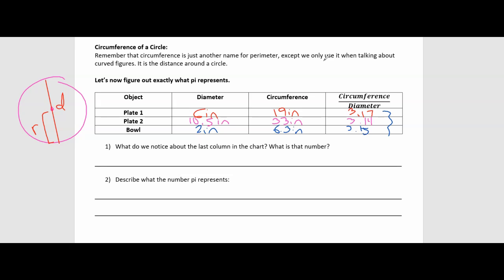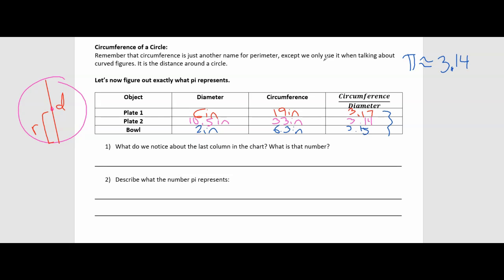Well, if you've talked about pi before, those numbers look pretty close to what pi is. A lot of teachers end up using 3.14 as an approximation for pi. When you get into upper level classes, you won't use an approximation anymore. You'll actually use the letter pi or the number pi.